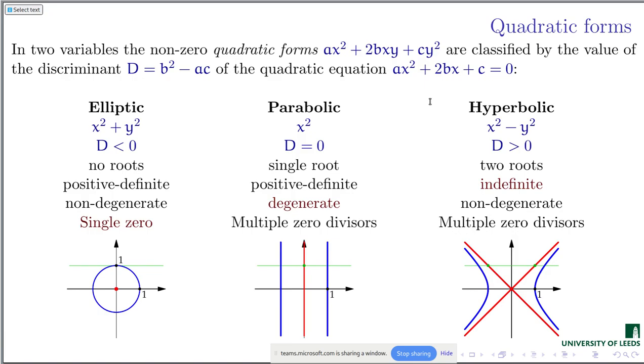Starting from quadratic forms, this is a rather general quadratic form here. By changing coordinates or changing variables, we may transform it to one of the canonical expressions. So it's reasonable to consider, along with the quadratic form, the associated quadratic equation, just putting y equal to 1.